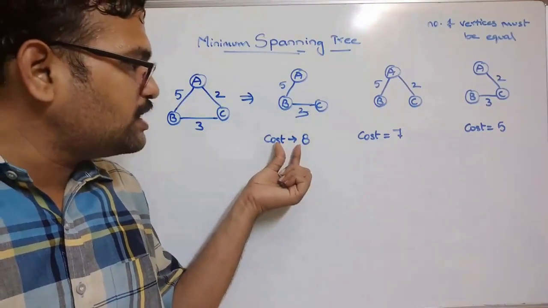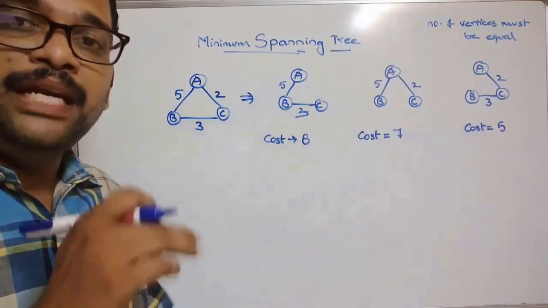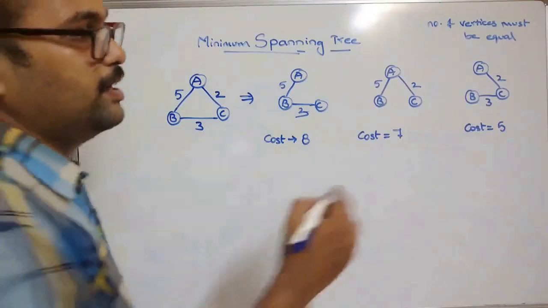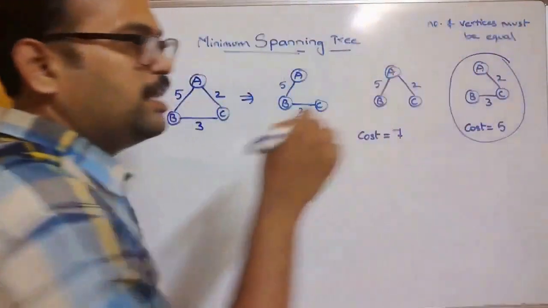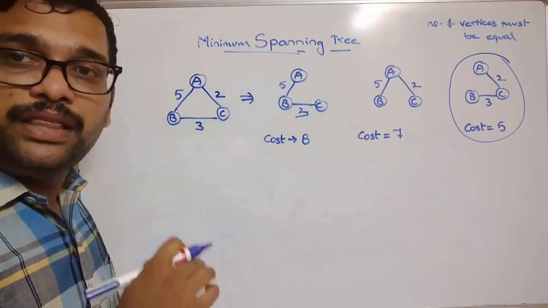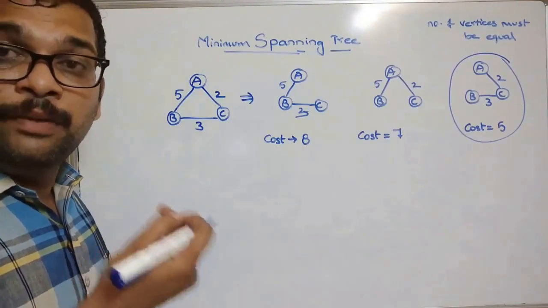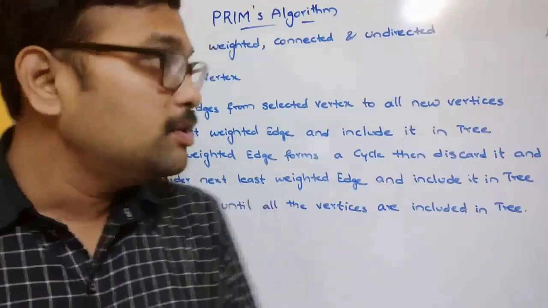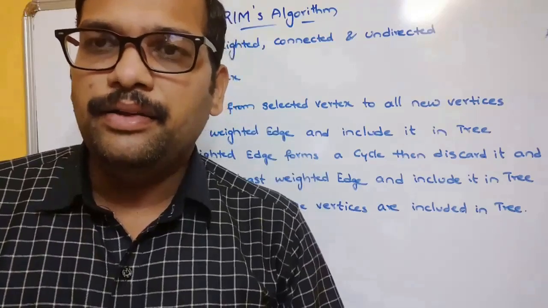Here the cost is 8, 7, and 5. Now we need to select the minimum cost spanning tree, that means the tree with the minimum weighted edges.